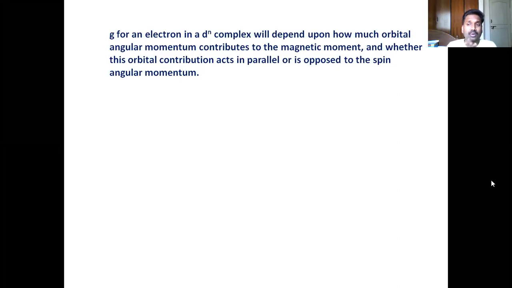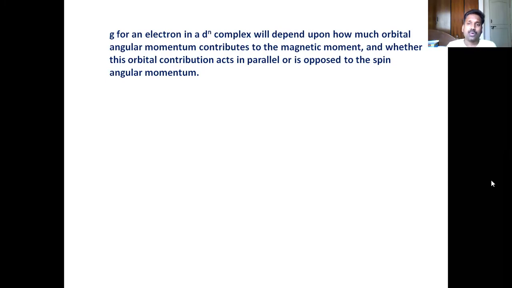Now, spectroscopic term symbols also tell you the extent of coupling of spin angular momentum and orbital angular momentum, because the term symbols inherently have a term L plus S, that is J. So what is J? It is a quantum number obtained after coupling the quantum numbers of orbital and spin angular momentum. Therefore, working with spectroscopic term symbols is important when we are discussing the coupling of orbital angular momenta and spin angular momenta.